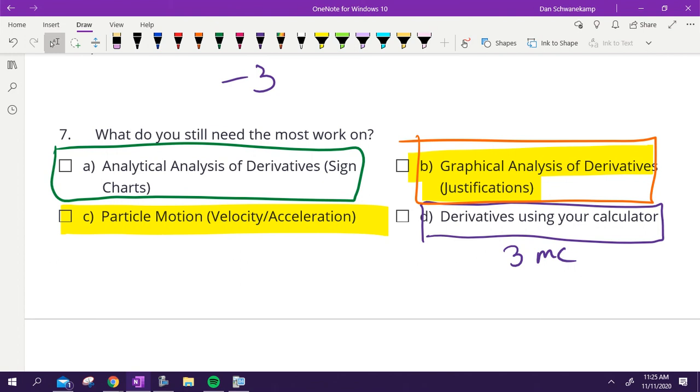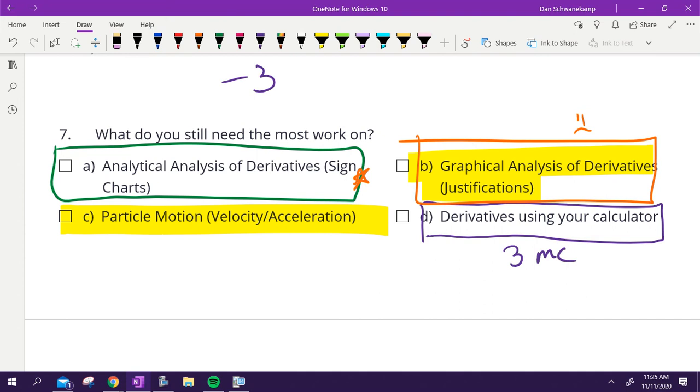Put it on a sign chart, positive, negative, all that good stuff. We have not done a lot of this today. We're not going to do a lot of that today, but that is something we could do. And then graph stuff and doing justifications. Those are the 2 big ones. If you can't do this one tomorrow, you'll be very sad, because over half the test is being good at that.